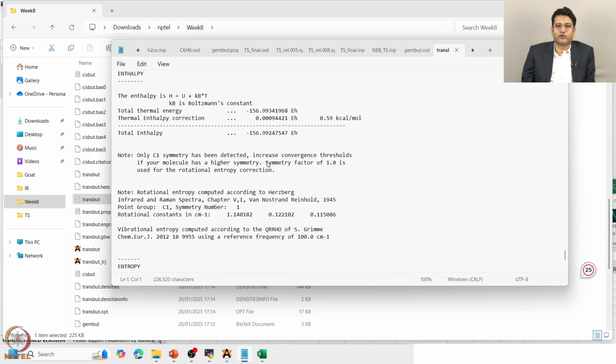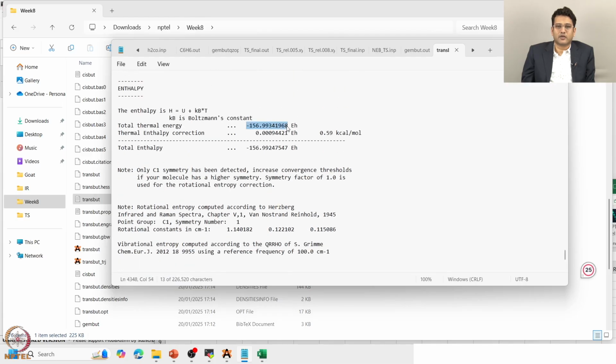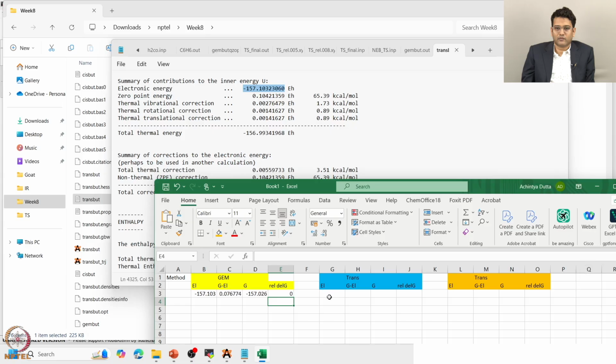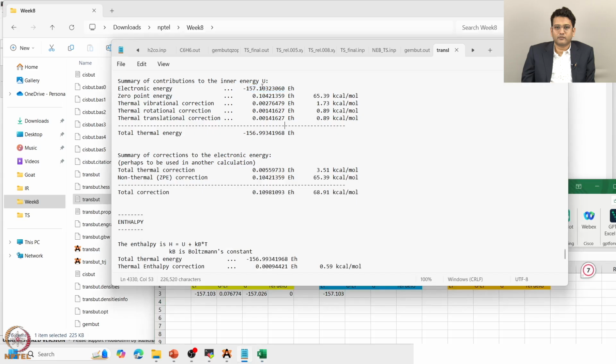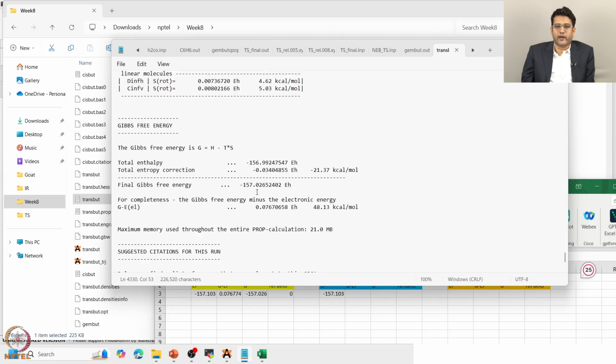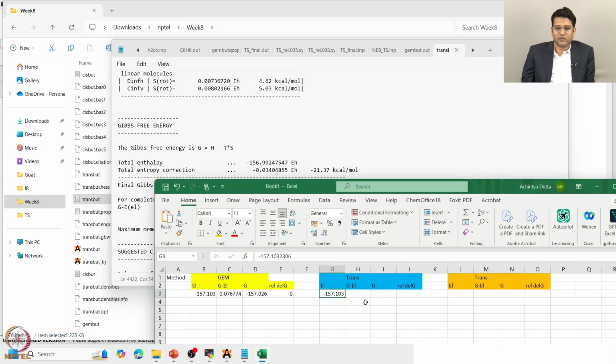So for this one also the electronic energy is, oh, this is not the electronic energy, this is the electronic energy, 10320. And the Gibbs free energy minus the electronic contribution is this one. So if I add them together I will get the G.